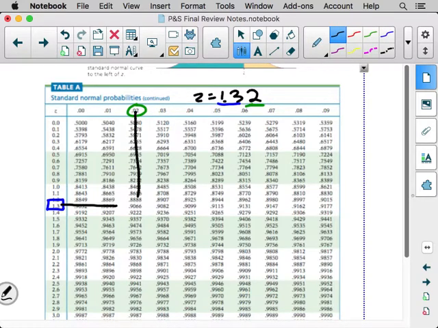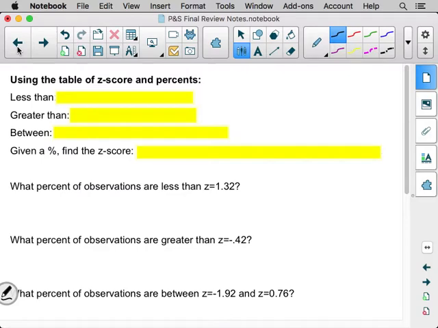And then you find where those meet. So those meet at 0.9066. And because it's less than, we get to just leave it like that. That's it.